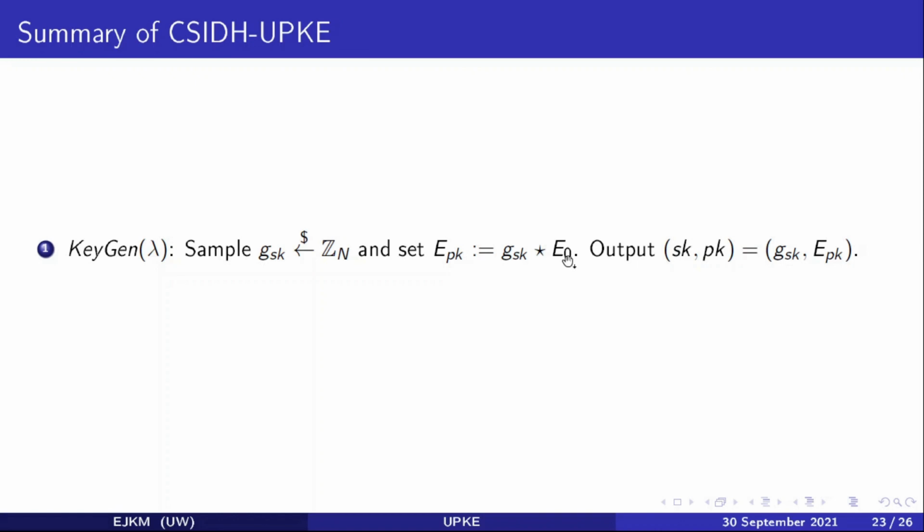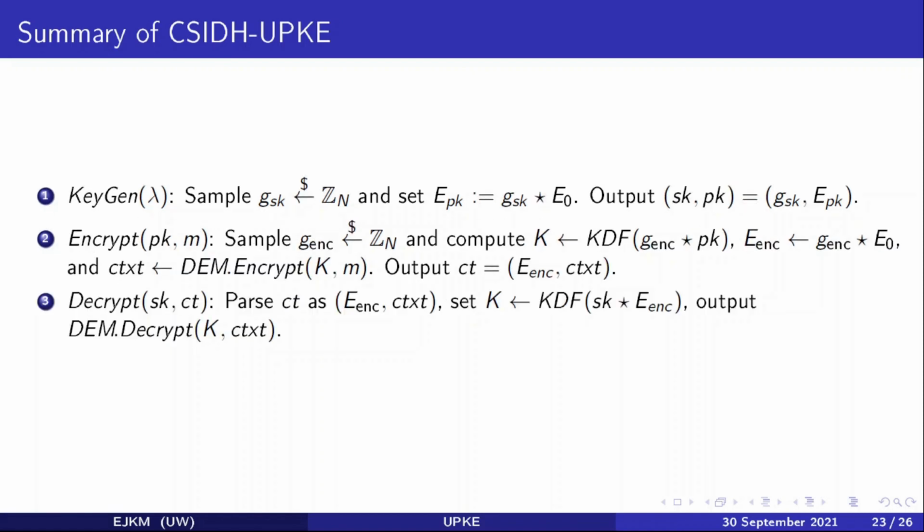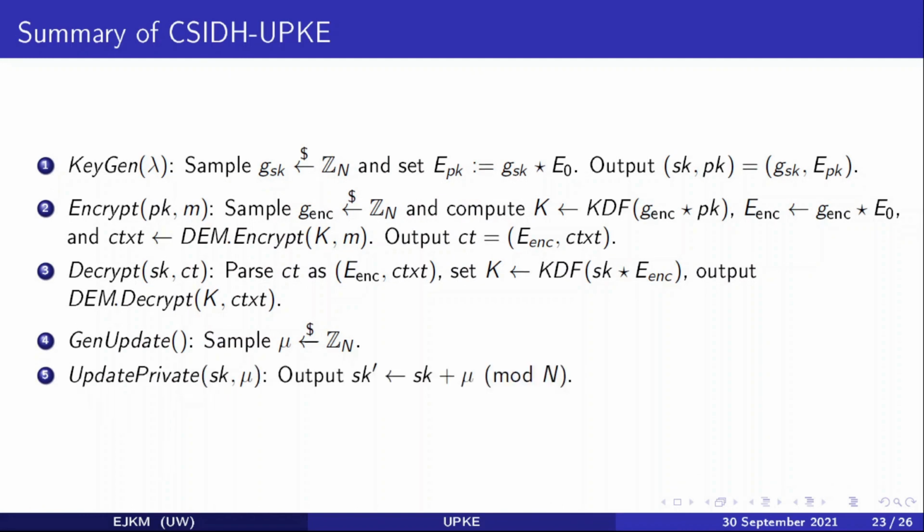In summary, our CSIDH UPK scheme works as follows. For the keygen algorithm, we simply sample an element from that group and use that element to generate our secret and public keys. The encryption and decryption algorithm work as usual for CSIDH. When it comes to the gen update algorithm, we simply take another element from that group, and for the update private algorithm, we simply add this new element to our old secret key.